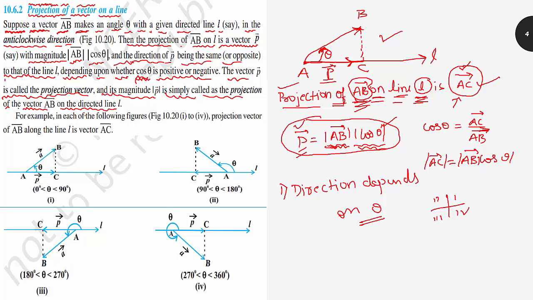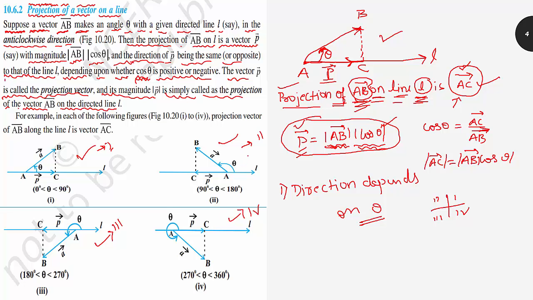So these are the four examples given in the textbook from all four quadrants: this is in first quadrant, this is in second quadrant, this is in third quadrant, and this is in fourth quadrant. So the sign depends.